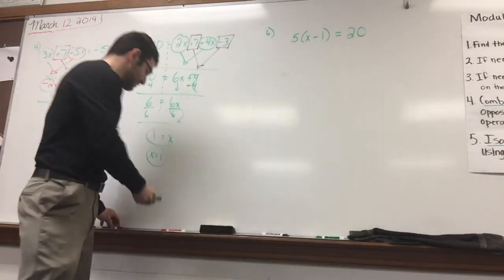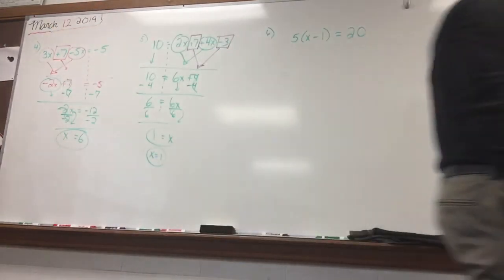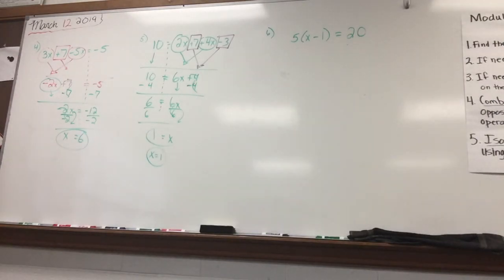See what you can come up with for this one. So we have 5, then the quantity of x minus 1 equals 20.